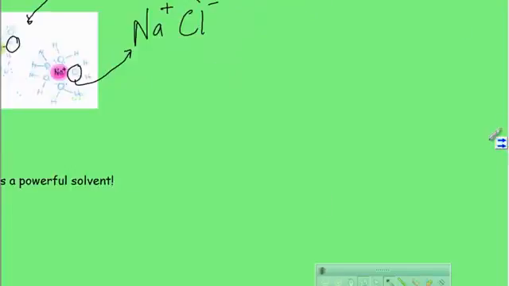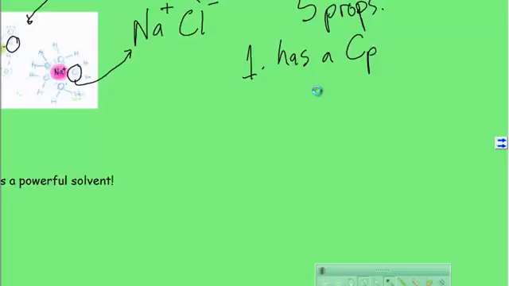Just to summarize the important points here, the 5 important properties. Water has a high specific heat, and we call that C sub P for specific heat. What does that mean? Remember that from chemistry? What's specific heat?